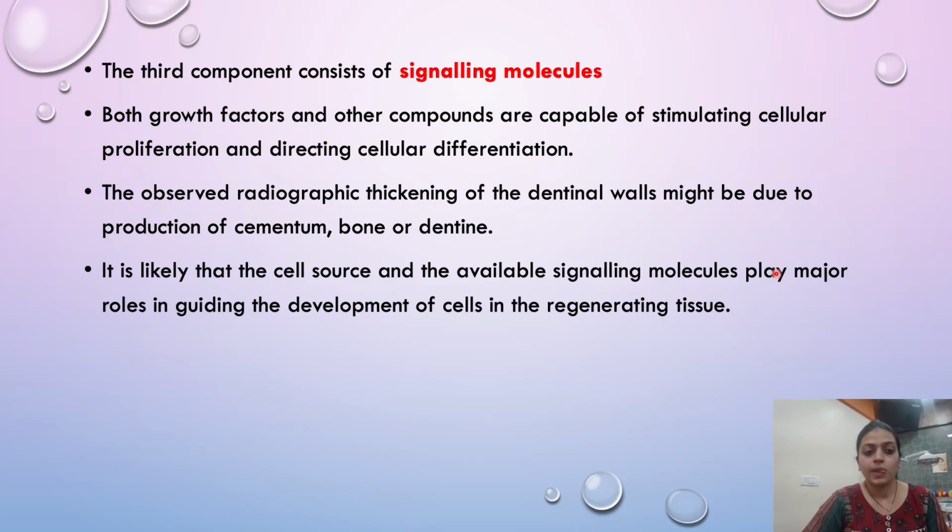The observed radiographic thickening of the dentinal walls might be due to production of cementum, bone, or dentin, any of these tissues. So it's likely that the cell source and the available signaling molecules play major roles in guiding the development of the cells in the regenerating tissue.